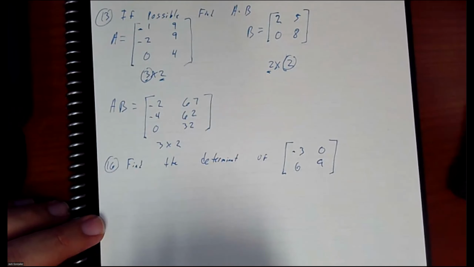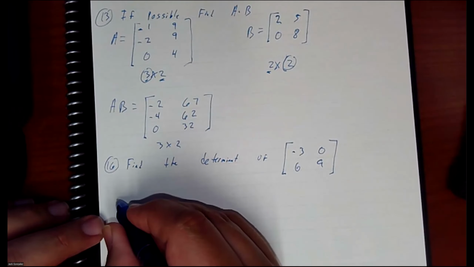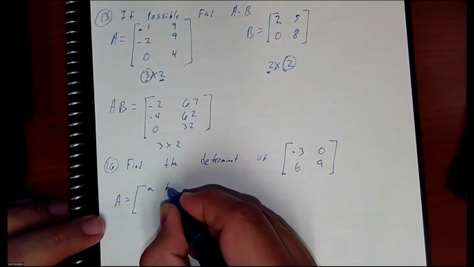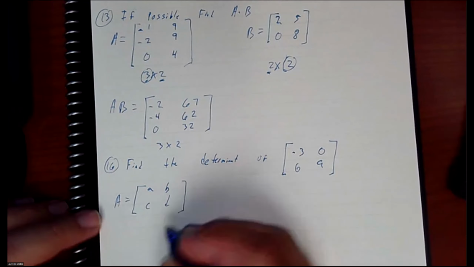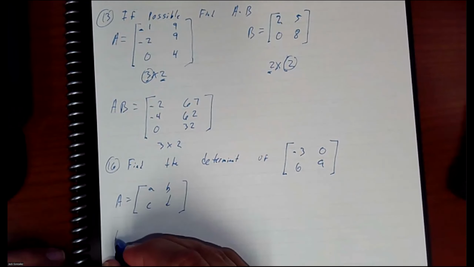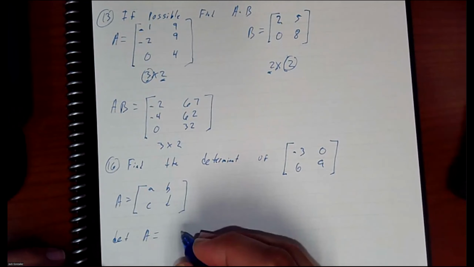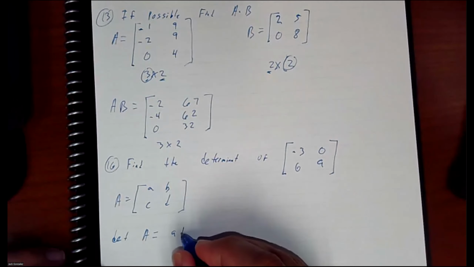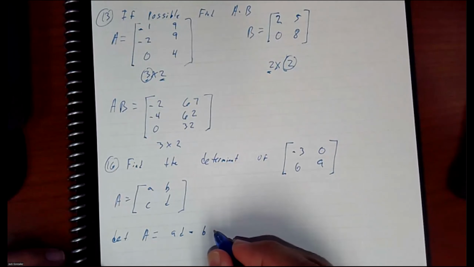Let me give you the formula. So if A is equal to this, the determinant of A is equal to A times D minus B times C.